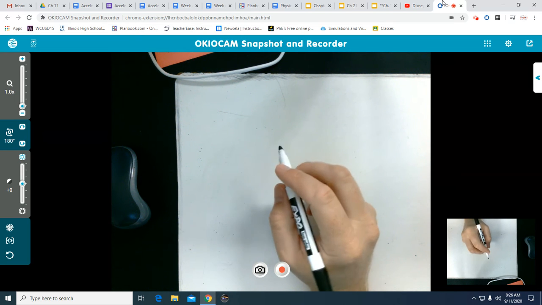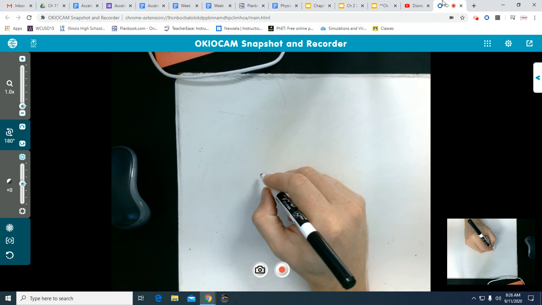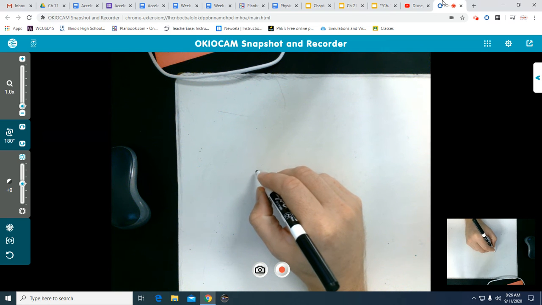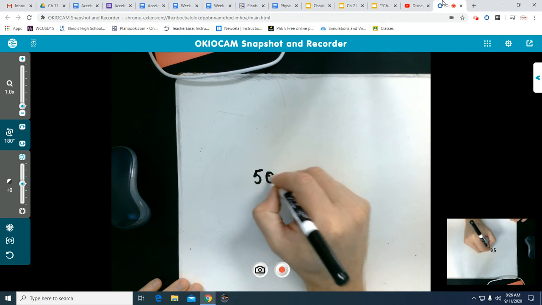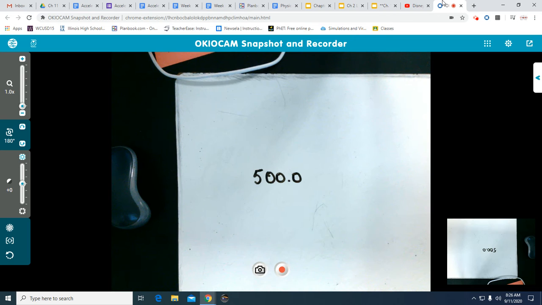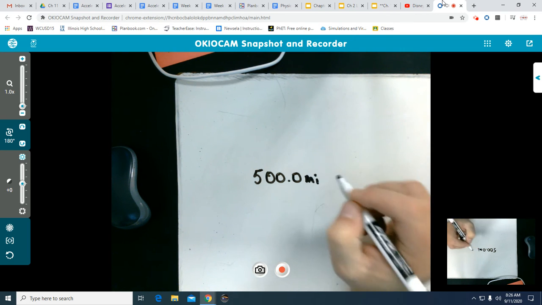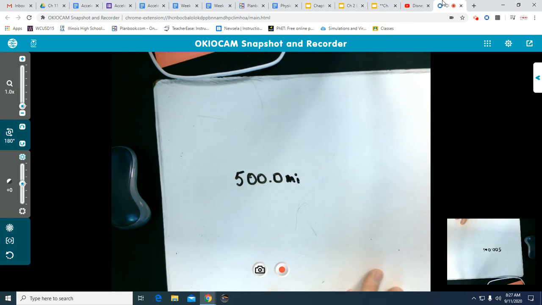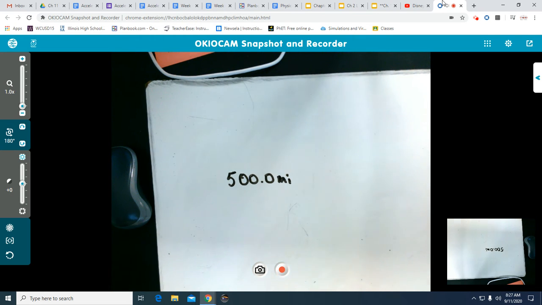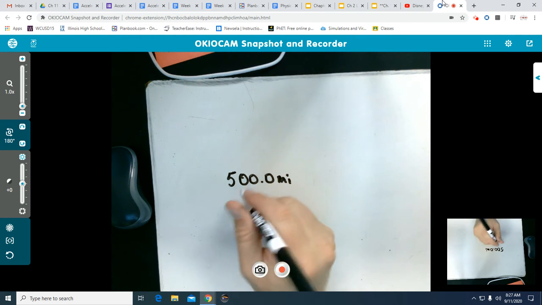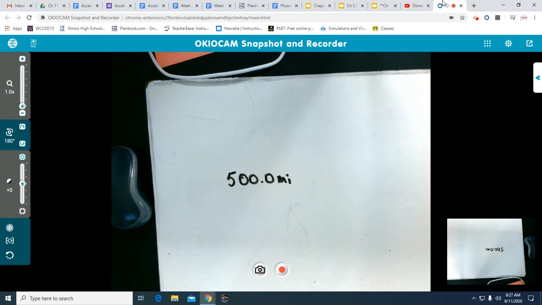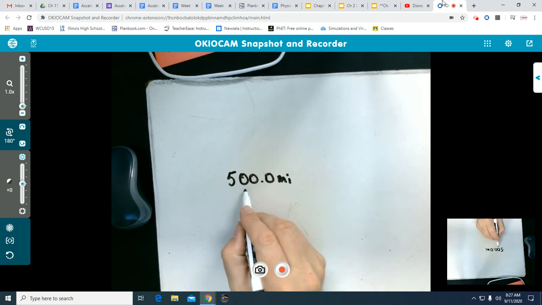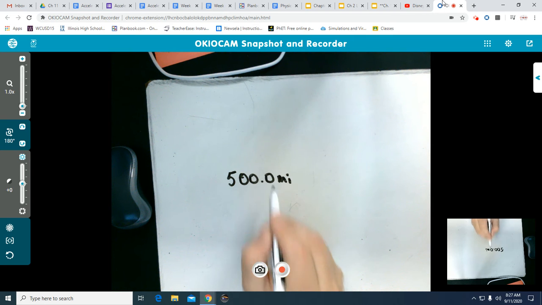The given. And what is our given in this situation? 500.0. Very good. 500.0, and it is in miles. Now, can everybody see that? Before we go any further, how many sig figs does this one have? 4. Very good. 1, 2, 3, almighty decimal, 4.